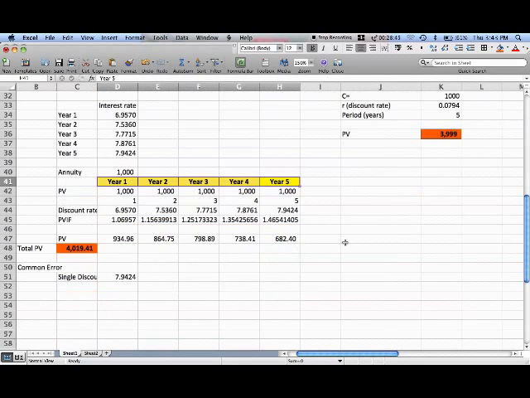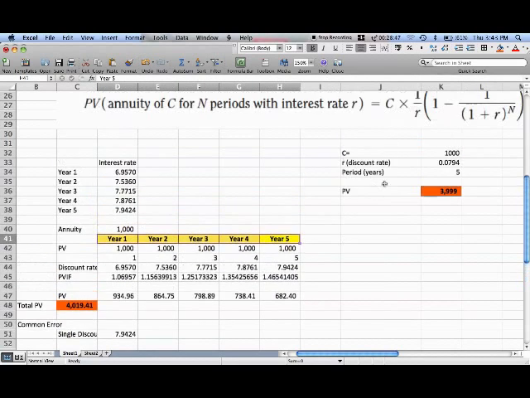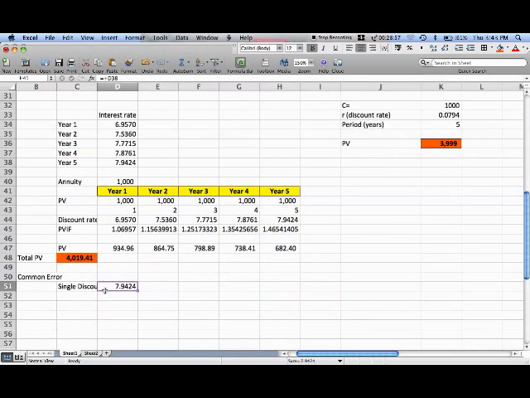So we need to find one single rate that we can use in this short formula for the present value of the annuity. I'm going to show you how to find that single rate. Okay, hopefully you follow me. That's not really difficult. We can use the Excel formula. Hopefully you are quite familiar with the PMT formula.